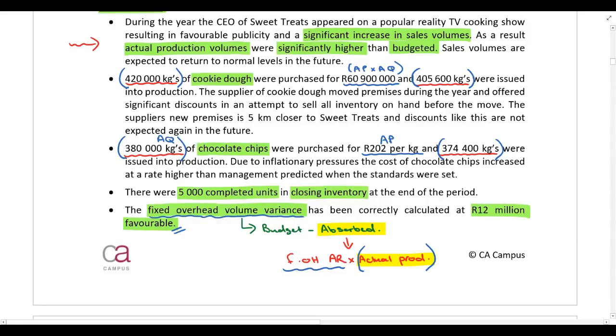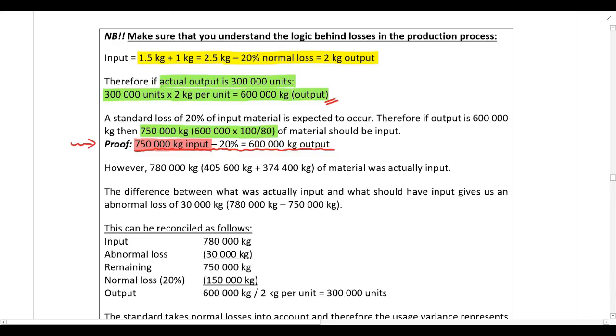What did they actually input? For cookie dough, they actually input 405,600 kilograms, and for chocolate chips, they actually input 374,700 kilograms. So if we add those together, they actually input 780,000 kilograms into the production process.